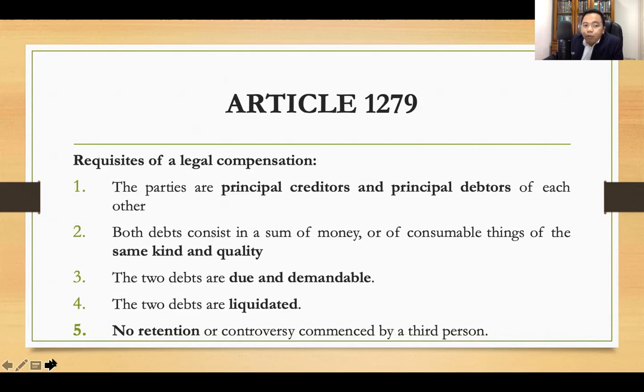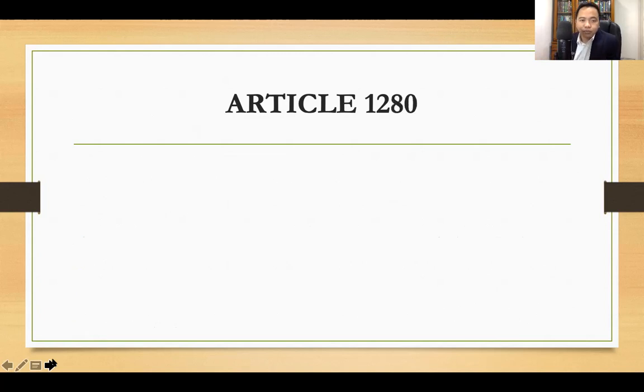Number 2, both debts consist in a sum of money or consumable things of the same kind and quality. 3, two debts are due and demandable. 4, two debts are liquidated. And number 5, there is no retention or controversy commenced by a third person.